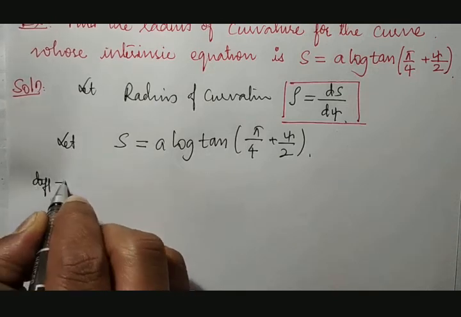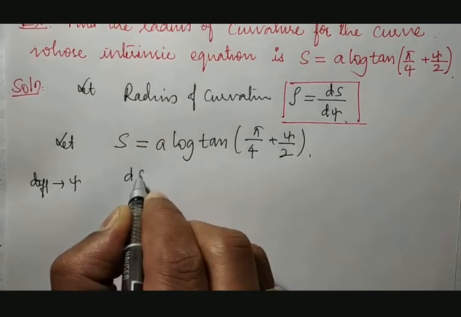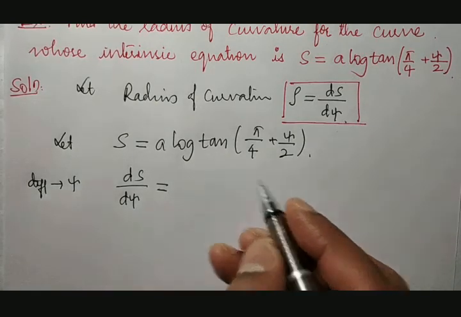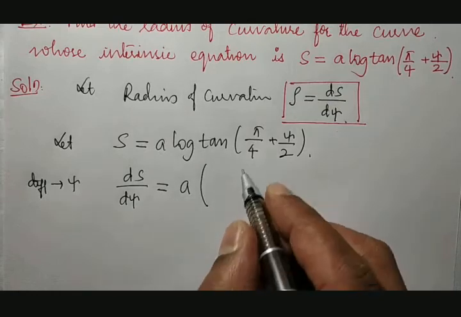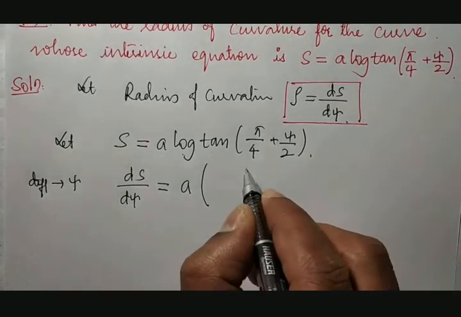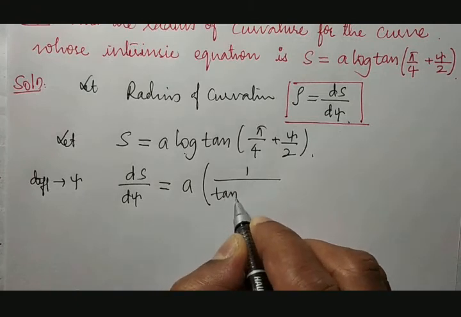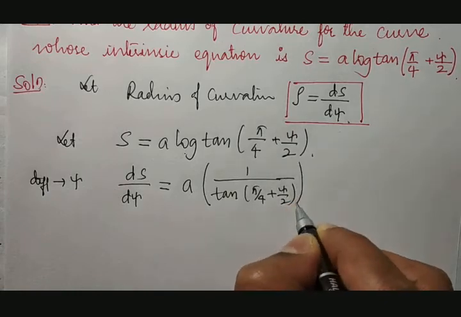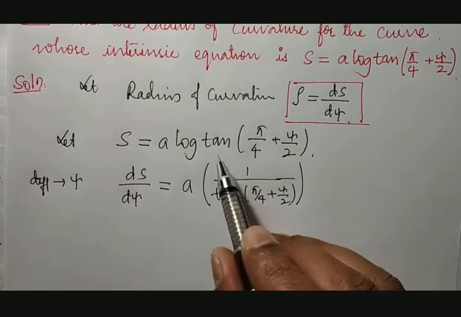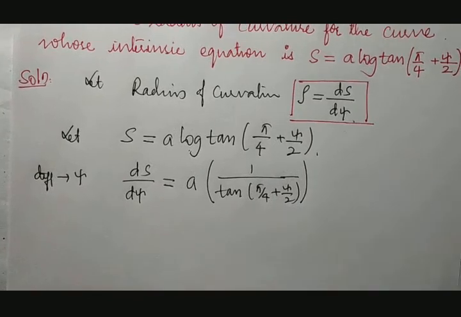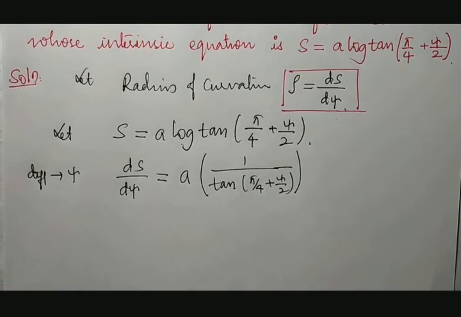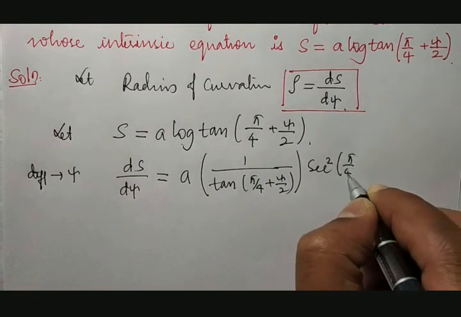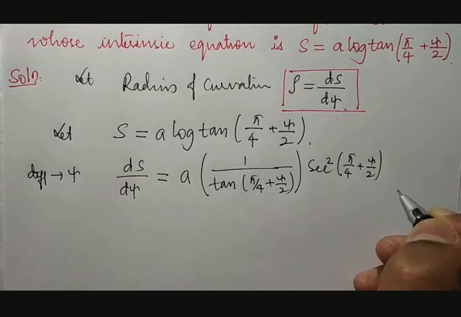Then differentiating it with respect to ψ, ds/dψ is equal to a, which is common, then the differentiation of log of this whole thing is 1 divided by tan(π/4 + ψ/2). Then the differentiation of tan is sec square (π/4 + ψ/2).